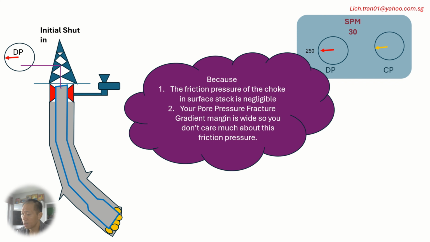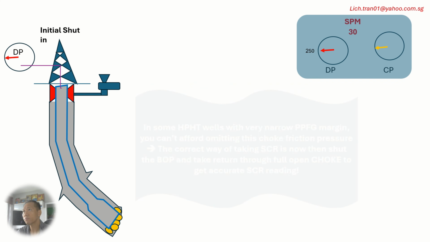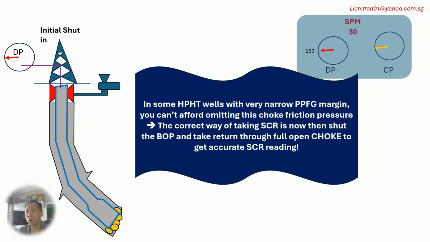However, on some surface wells, when you drill HPHT wells with a very narrow margin, sometimes 100 psi between the pore pressure and fracture gradient at the shoe, then this friction back pressure caused by the choke is considerable. You must account for it.